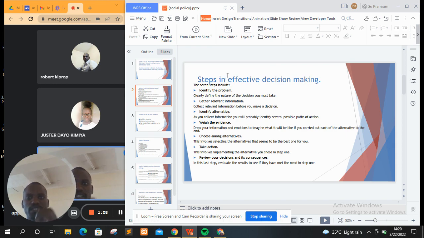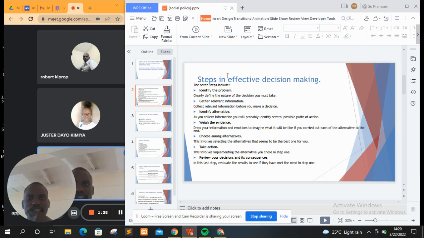There are seven steps. The first one is identify the problem. You can explain it by clarifying and defining the nature of the decision you must take.